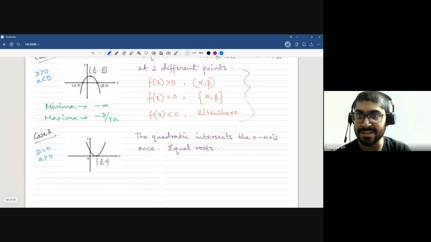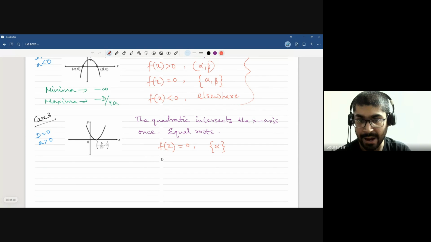So in this case, what will I have? I will have f(x) equal to 0 at alpha and f(x) greater than 0 elsewhere.